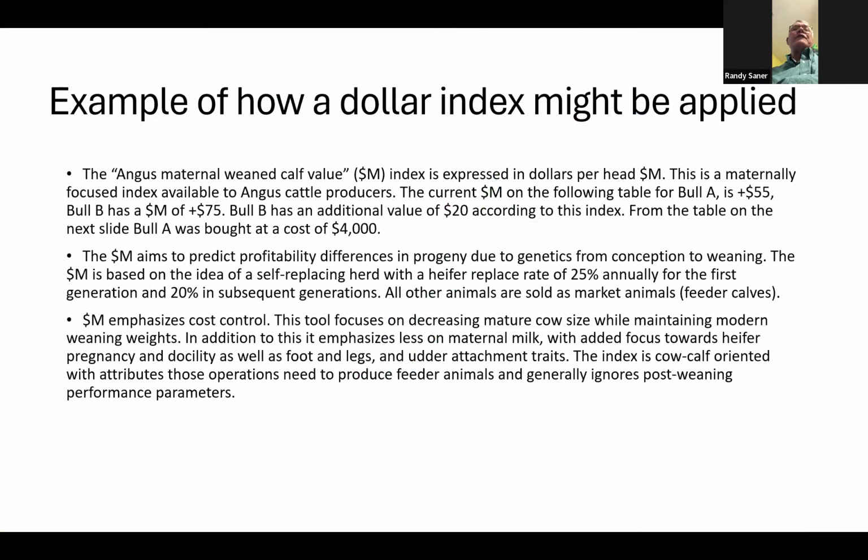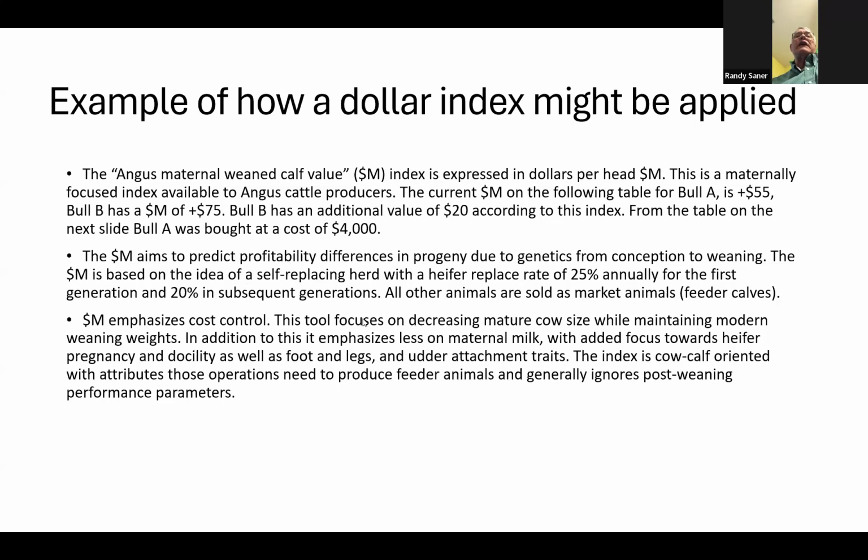So Bull A had $55, Bull B had $75. So you got a $20 difference in maternal value, which according to the maternal traits in the Angus Association, they're gonna put less emphasis on milk, right? Because milk takes more feed. They're gonna add focus on heifer pregnancy, which is a trait that's gonna increase the heifer pregnancy rate.